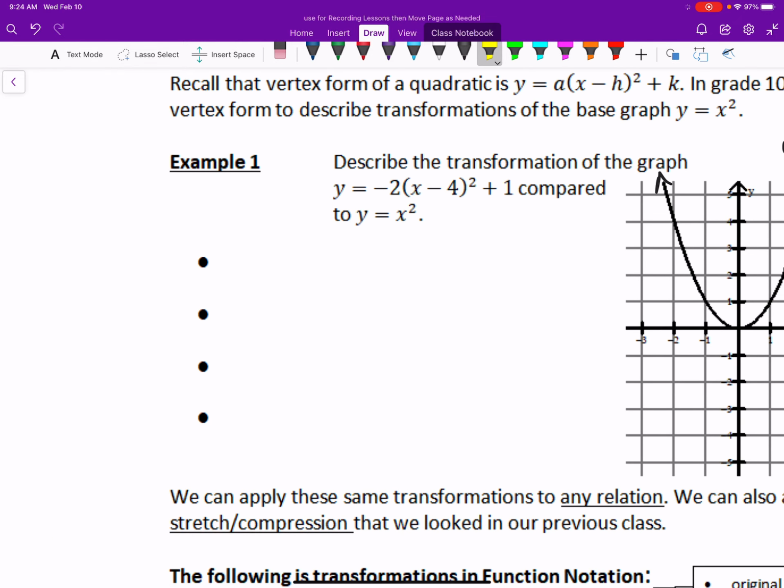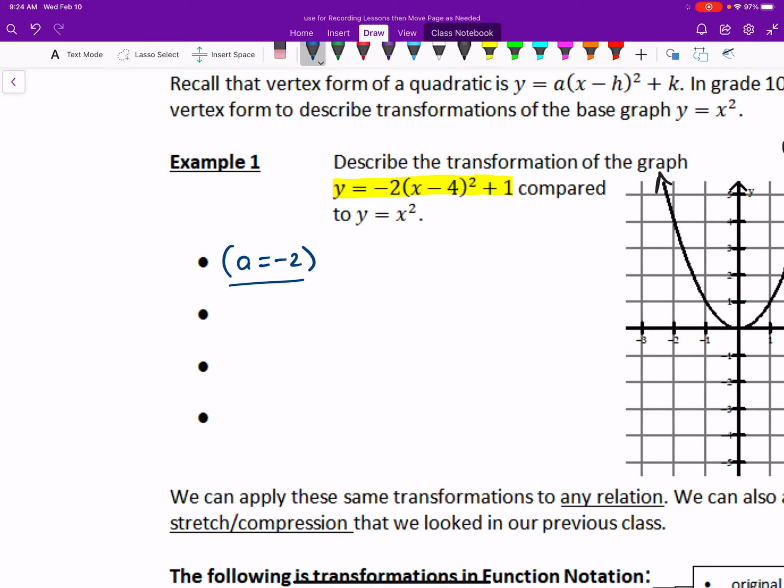If we got this equation, we should be able to tell just from the equation what the transformations are. So A is negative 2, so let's start with that. A equals negative 2. What does A equals negative 2 tell us?